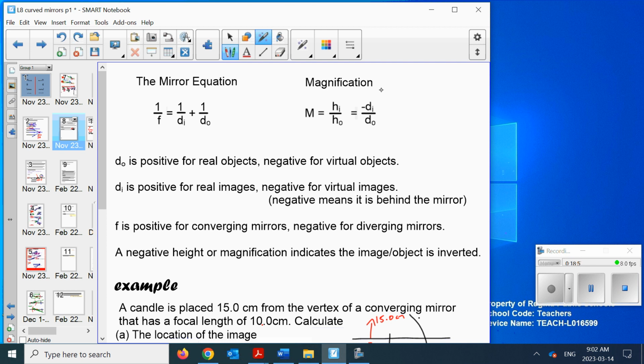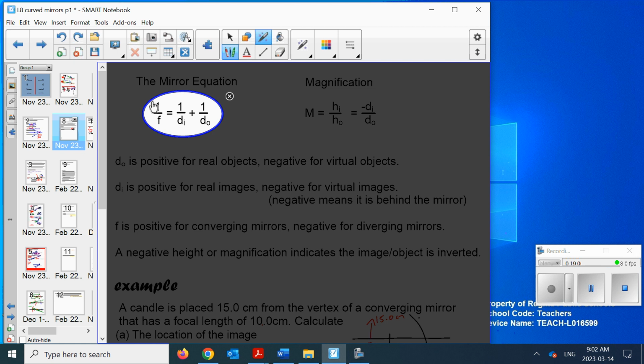Now this equation, though, the algebra for this involves reciprocals, because every variable is on the bottom. That means you've got to do your arithmetic with a calculator. I'm not expecting you to add fractions. You can do that in math, which I highly recommend if I teach math.